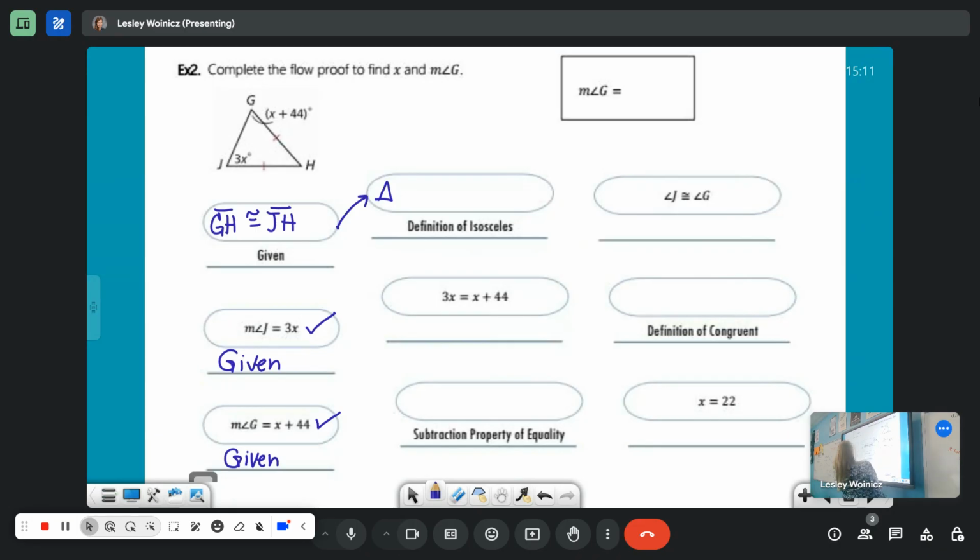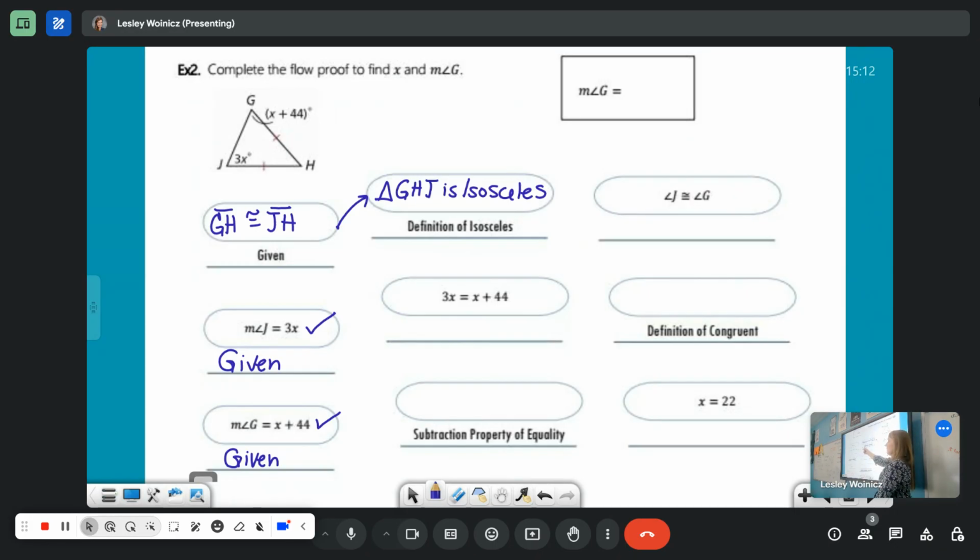GHJ is isosceles. Okay, so if I know that I have an isosceles triangle, what do I know about these two angles?